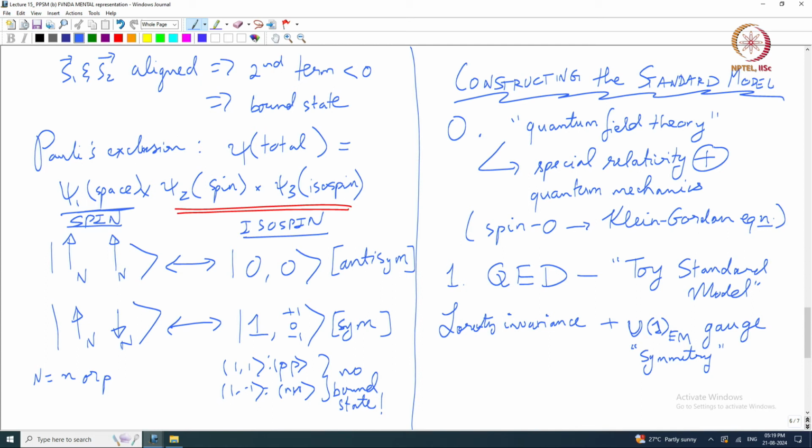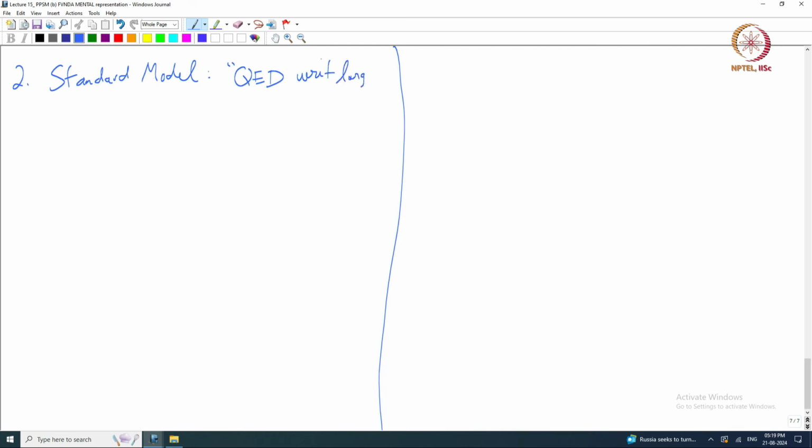So, once we master that, we will go on to the actual standard model, and this I am just going to call QED writ large. That is, we will use all the concepts of QED, but in a slightly non-trivial way. We will see how to expand this and generalize this and so on, okay.